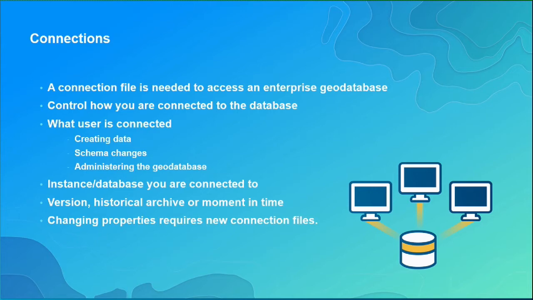Connection files also define how you are connected to the geodatabase, like what version or a historic moment that you want to connect to. If you want to connect using different connection parameters, you need to create a new connection file with different parameter values. When using the Python API, the .sde connection files are needed to access your enterprise geodatabase.